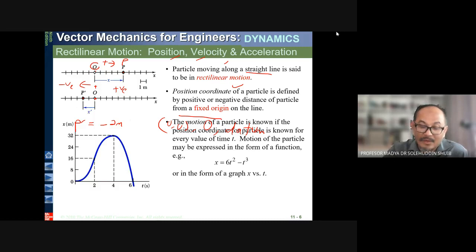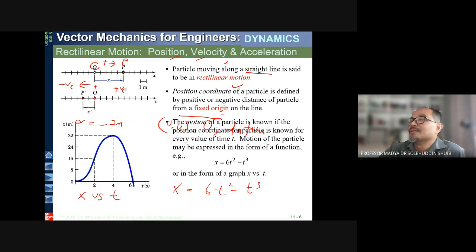Now we have the graph here. The motion of the particle is known with the position coordinate. We can express the motion of the particle in the form of the function x equals 6t squared minus t cubed, and in the form of a graph of x versus time.